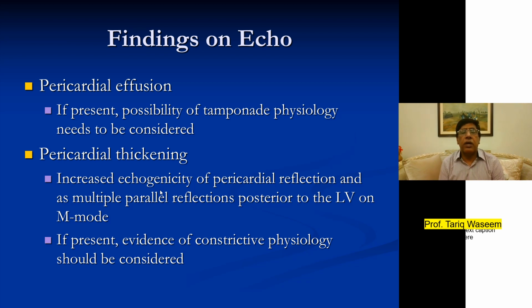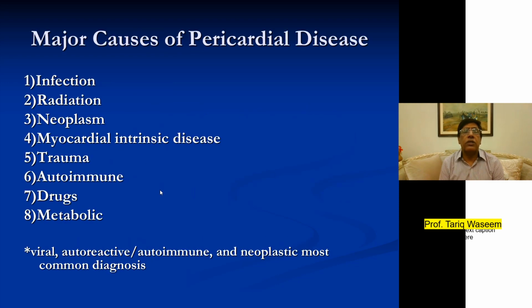Now, this thickened pericardium would have an increased echogenicity or would be more refractile on echocardiography or sonography, and of course, sometimes it would give multiple reflections from the left ventricle when the M mode is being recorded. Again, this thickened pericardium, if present, can be considered, say, a reason for constrictive physiology.